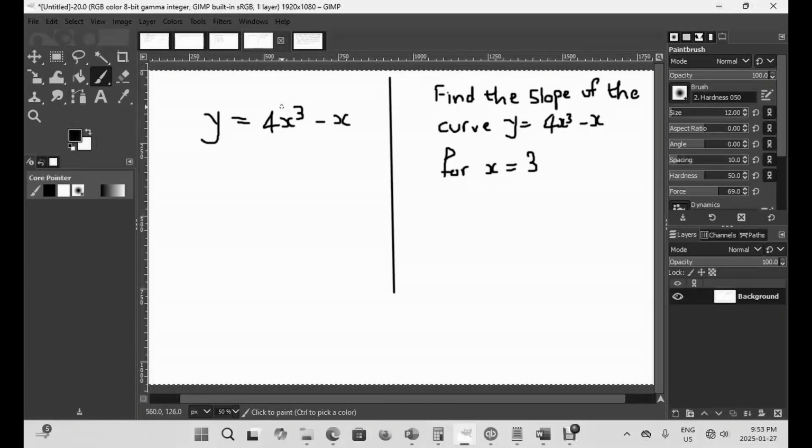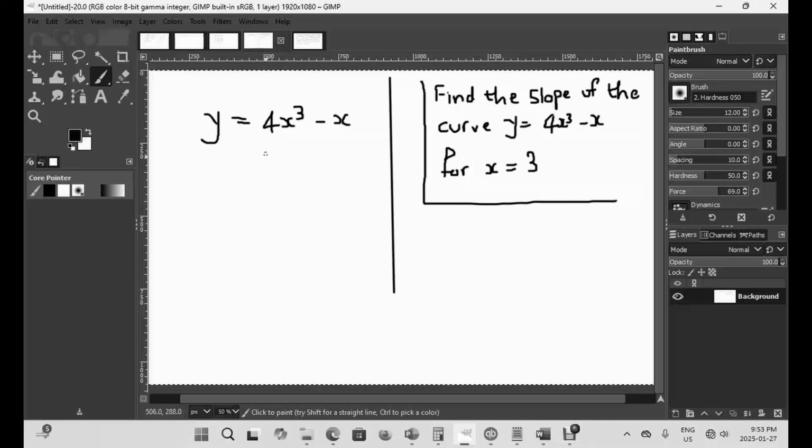In terms of real world application, let's take an example. You need to find the slope of the curve y equals 4x cubed minus x, for x equals 3. In order to find the slope, first of all, you will need to write an equation for the word problem.